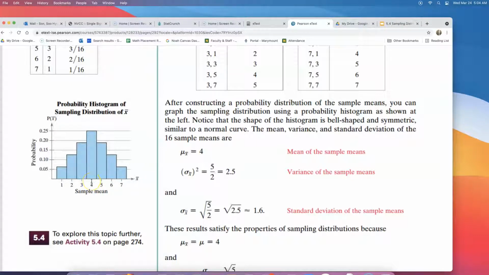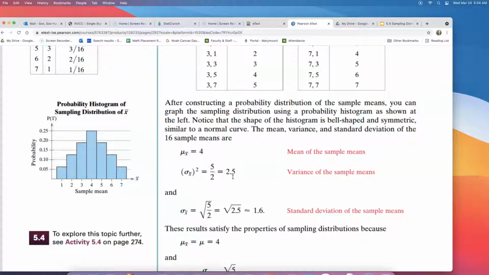But her question is, and it's a great question, why is the variance approximately 2.5? That's a good question. So did they explain? Let me read it, and if not, we can find it ourselves without using the formula. Notice that the shape of the distribution histogram is bell-shaped and symmetric, similar to the normal curve.